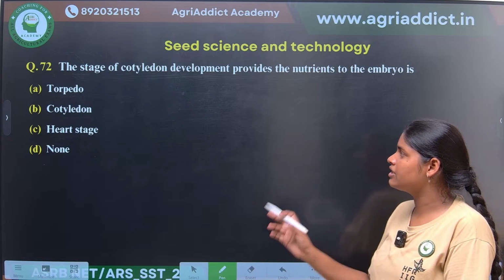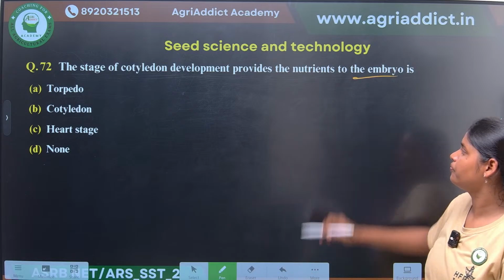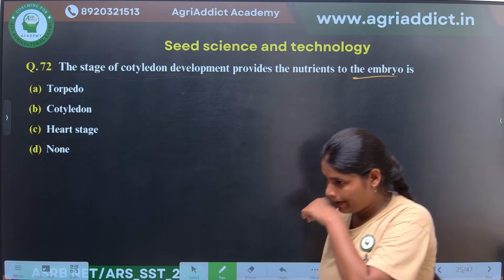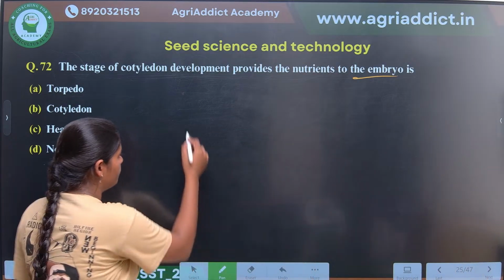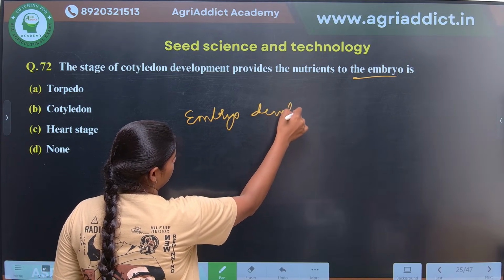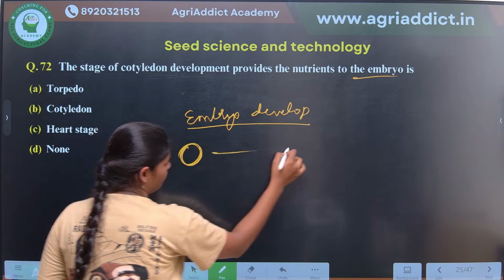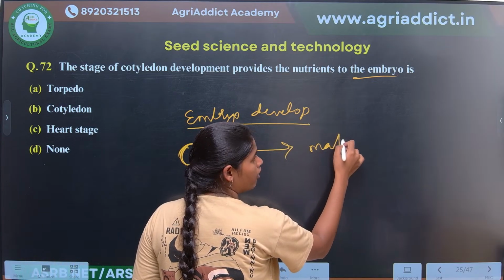Next question is the stage of cotyledon development which provides nutrient to the embryo. There are many stages in embryo development, right? Basic zygote cell till mature embryo or mature cotyledon.